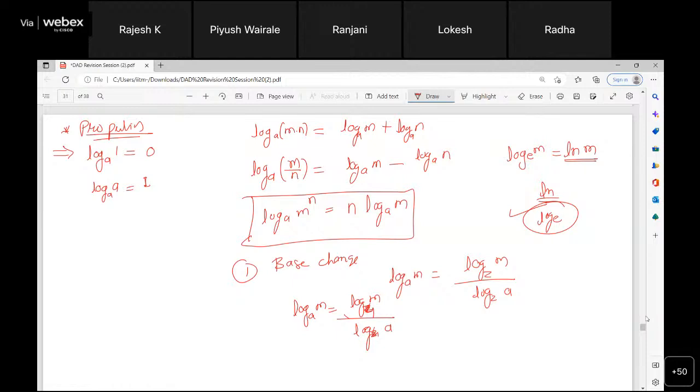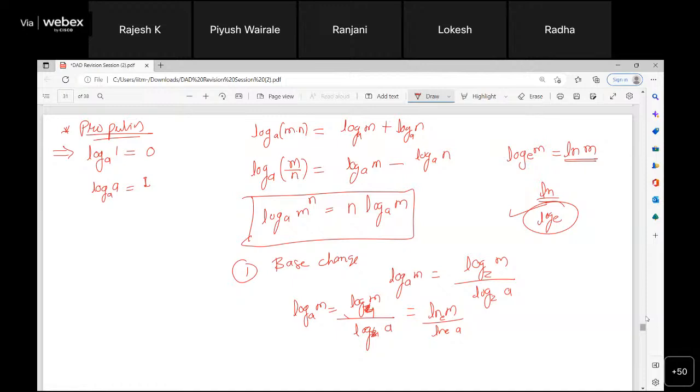And in general we do it like this, that is ln of m upon ln of a. Here you can see ln means log e, to the same base e, right? So if we need to apply the base change property, you can simply bring all the expressions into the natural log and then simplify, right?